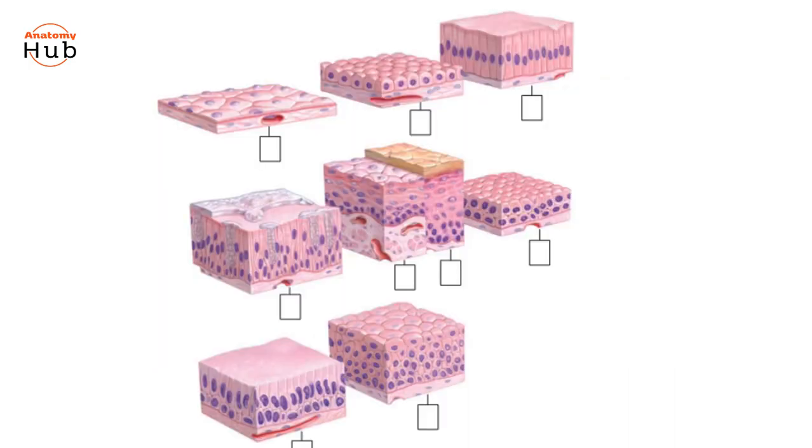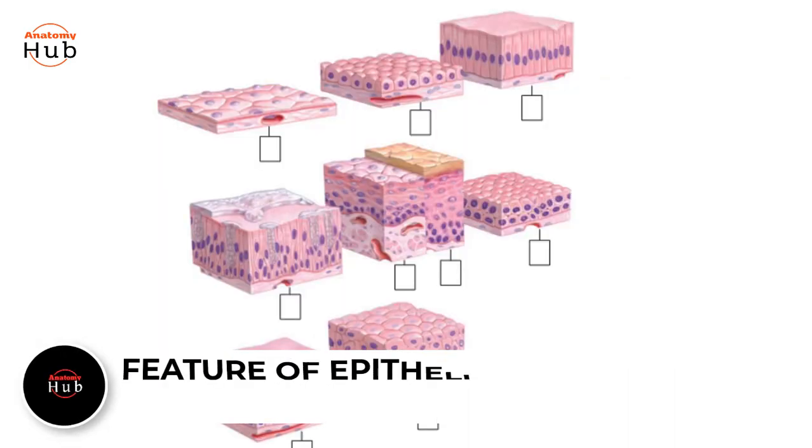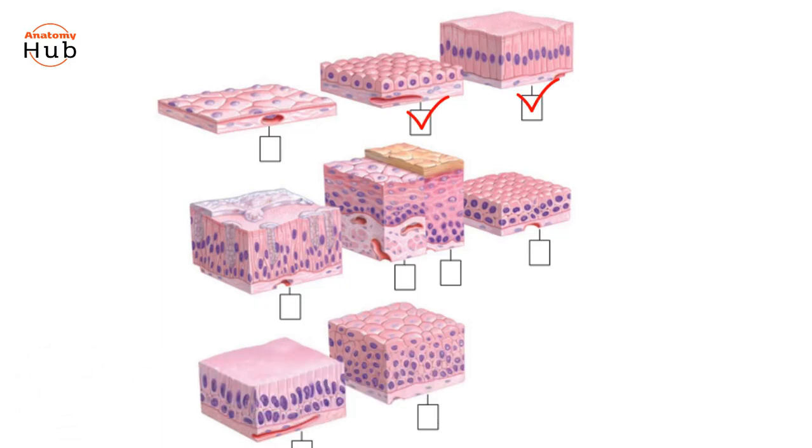The shapes and dimensions of epithelial cells are quite variable, ranging from tall columnar to cuboidal to low squamous cells. The cell's size and morphology are generally dictated by their function.